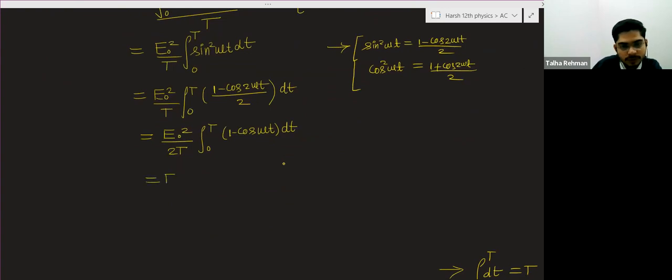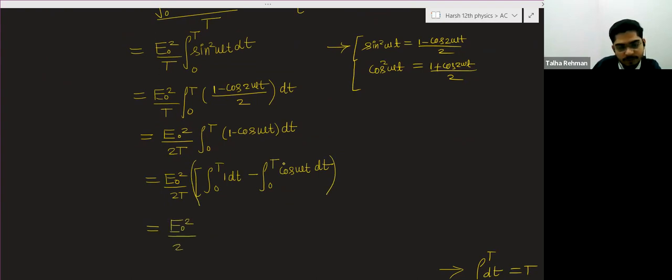This is a constant term. Now we can write this equation as the integral from 0 to T of 1 into dt, minus the integral from 0 to T of cos omega t into dt, and here is the whole bracket, multiplied by E naught square divided by 2T.